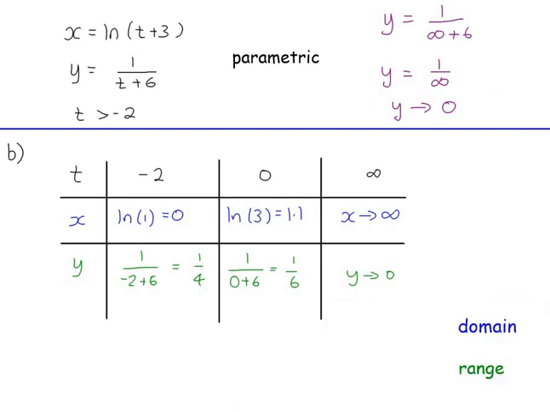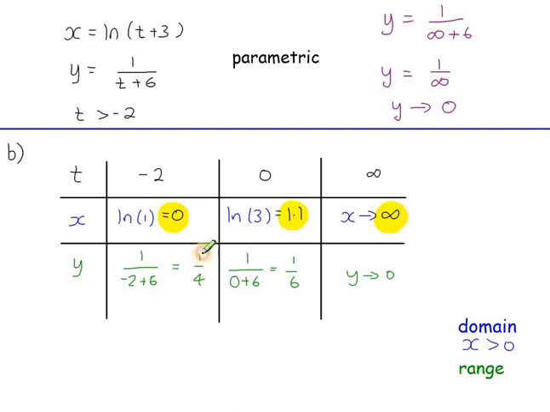So for the domain and range: for the domain, we start from 0, we go to 1.1, we're going towards infinity, but 0 was not included because -2 was not a value that t is allowed to be here, so x greater than 0. Now for the range, we have y equals a quarter, 1/6, so the y values are getting smaller, even though a quarter is not included.